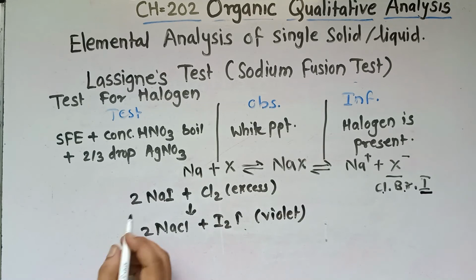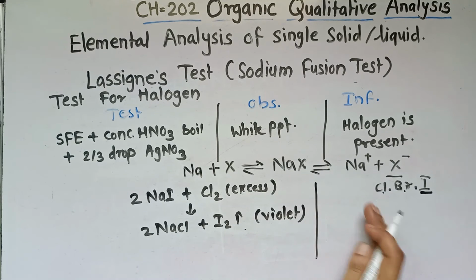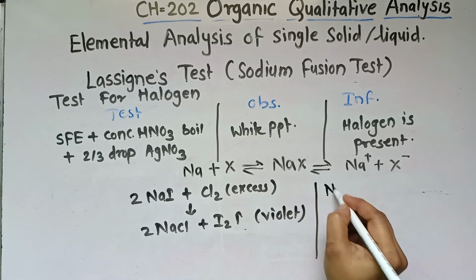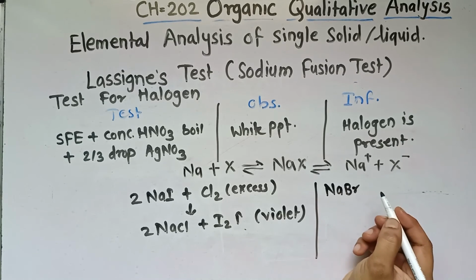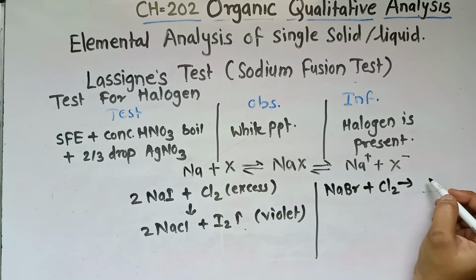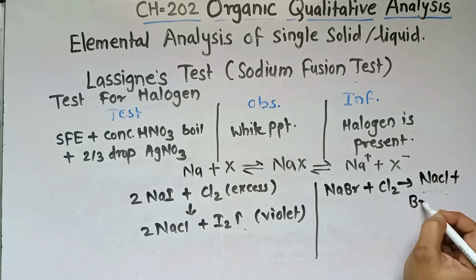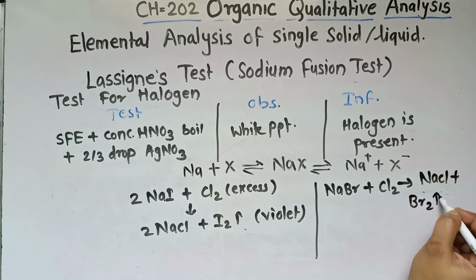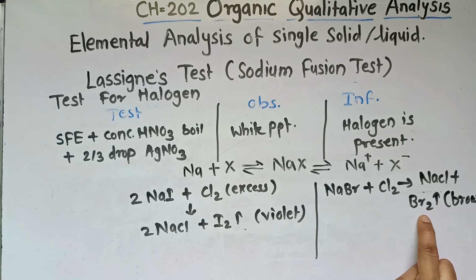And if our compound contains bromine, NaBr suppose, then we add excess of Cl2, then there is a formation of NaCl plus bromine gas is given out. It shows the brown color, and we conclude that the given compound is bromine.